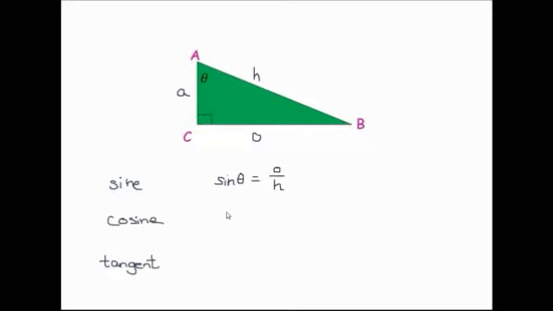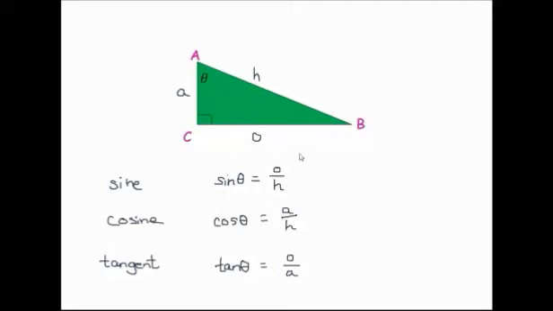For cosine, the relationship is the cosine of any angle, and we just sort of write cos theta, is equal to the adjacent side over the hypotenuse. And for tangent, we would write the tan of any angle is equal to the opposite over the adjacent. And we're going to look at what that means with numbers in a second. But for now, you need to know these three ratios.